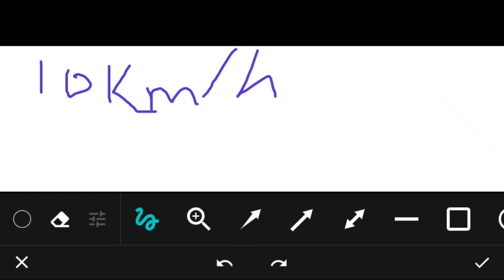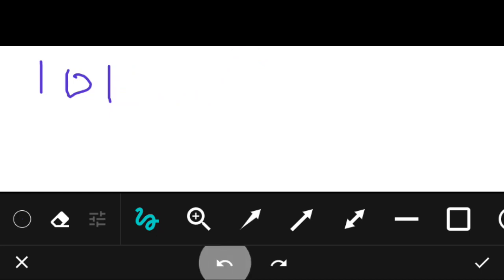So let's start now. We have 10 kilometer per hour and we want to convert that to meter per second. This simply means that we have 1 hour here. Now how do you convert that? Let me write this properly.